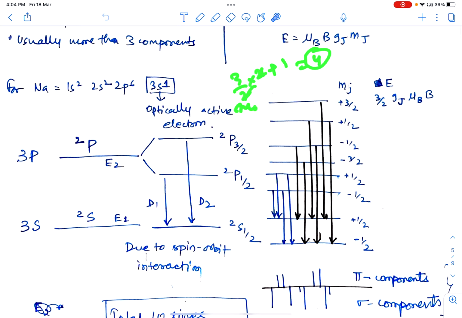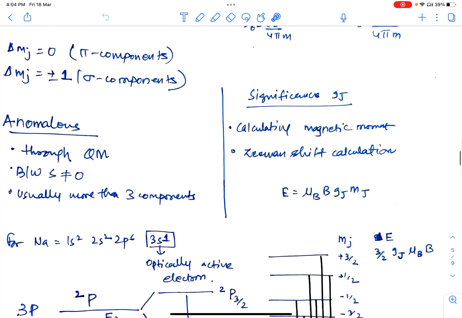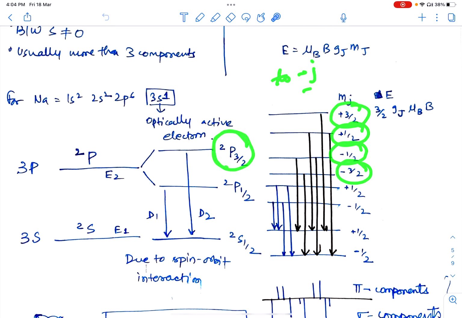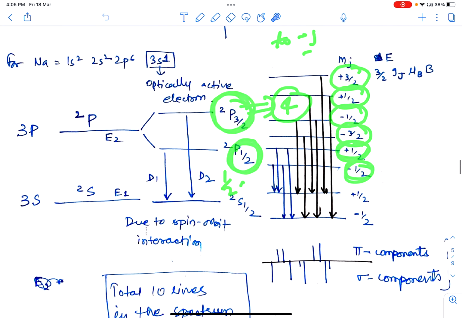So mj will be minus j to j, that is 3 by 2, plus 1 by 2, minus 1 by 2, minus 3 by 2. So this is split into 4, right? Now the 1 by 2 level will be split into 2, with mj equal to 1 by 2 and minus 1 by 2, right? Now you can calculate the energy shift.